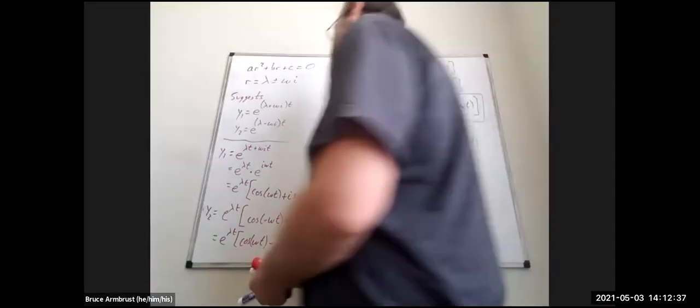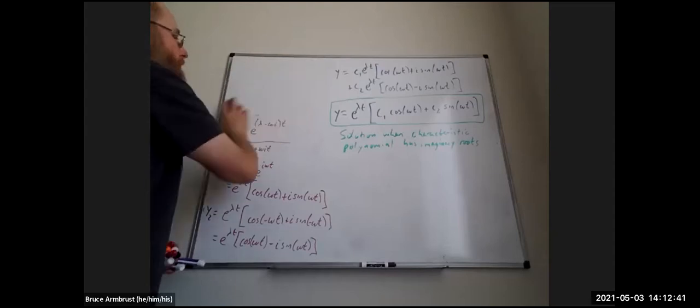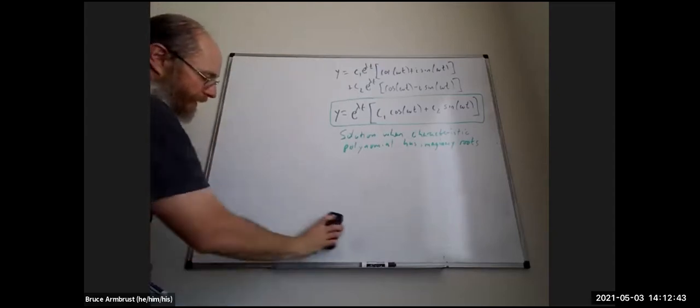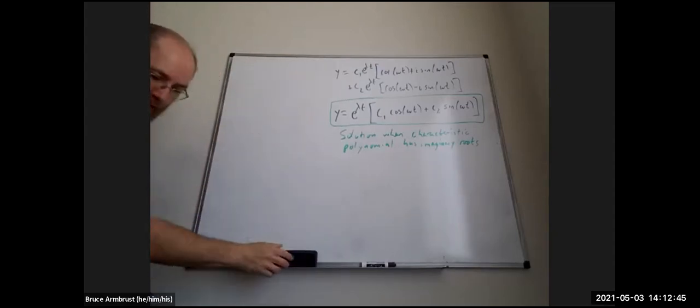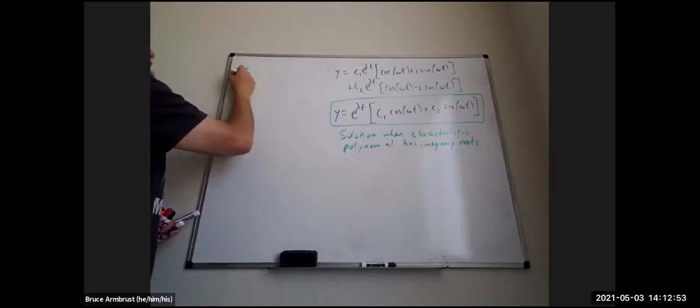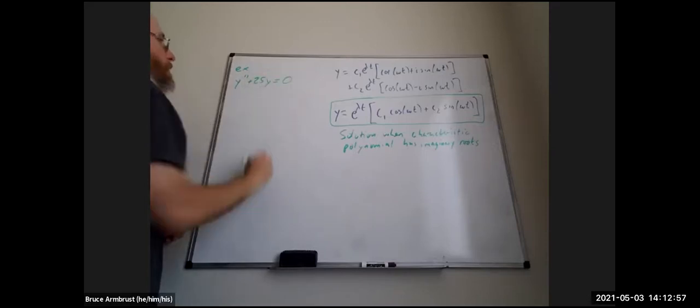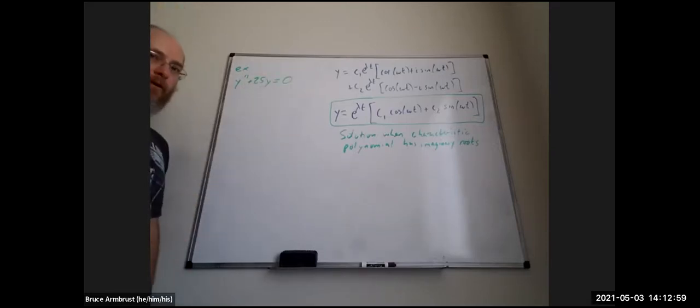So let me show you an example using complex roots, these guys that are going to lead to some i's, just so you can see kind of how easy it actually is. All right, so let's look at this guy. Let's say we've got y double prime plus 25y equals 0.